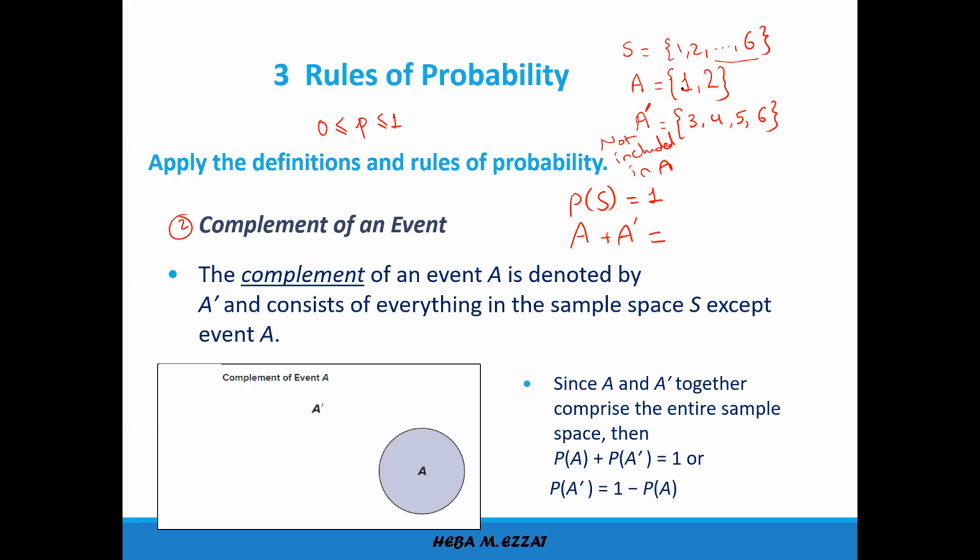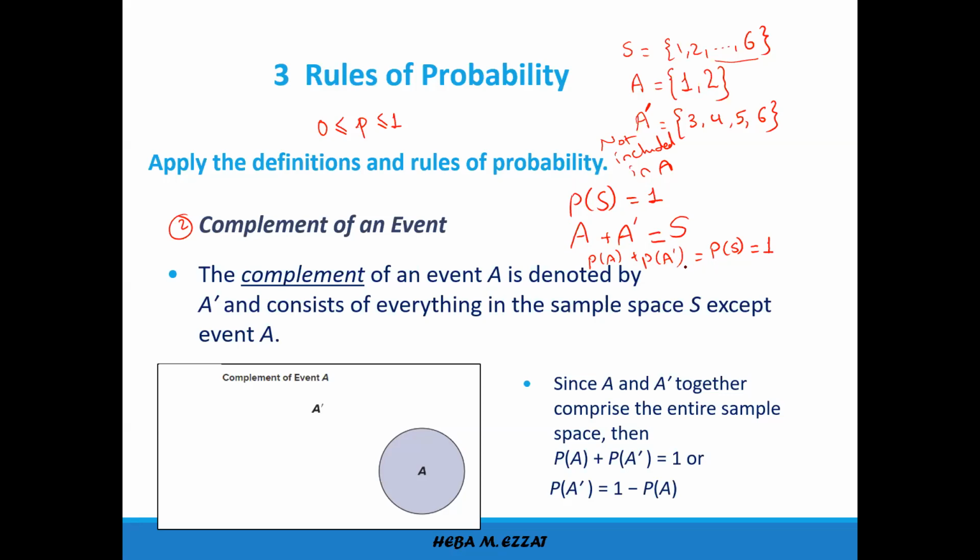The whole sample space S. Excellent. So the probability of A plus the probability of its complement equals the probability of S, which equals 1. The probability of S, the whole sample space, equals 1.